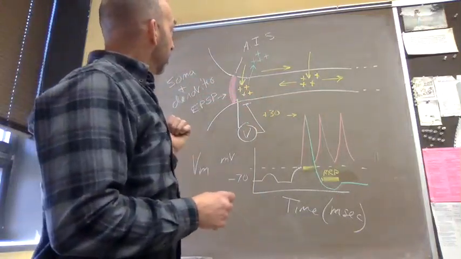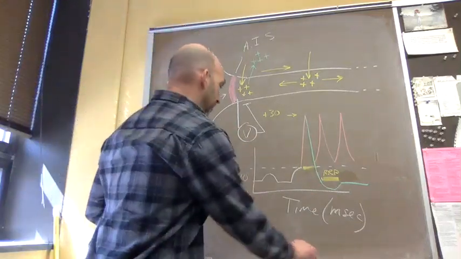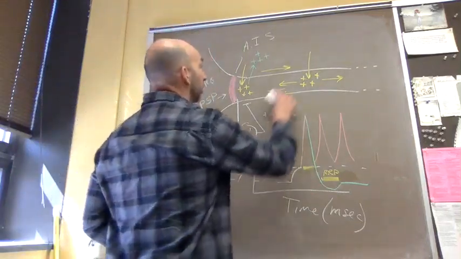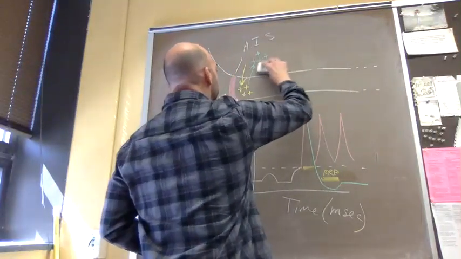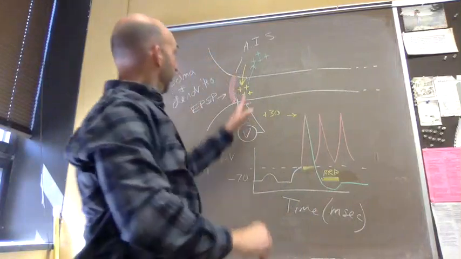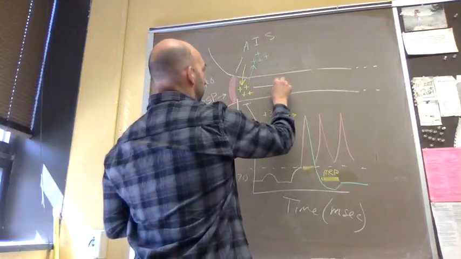Okay, so we've got our action potential at one spot. Now remember, let me erase it a little bit here. Back to having our action potential just here for the moment. We get electrotonic current.